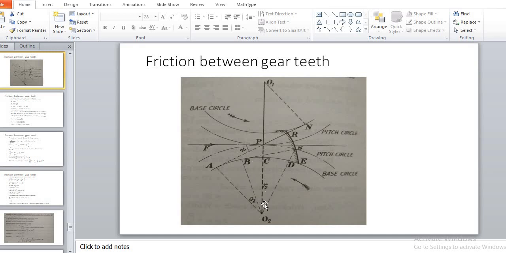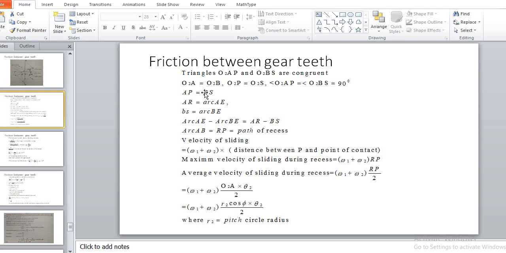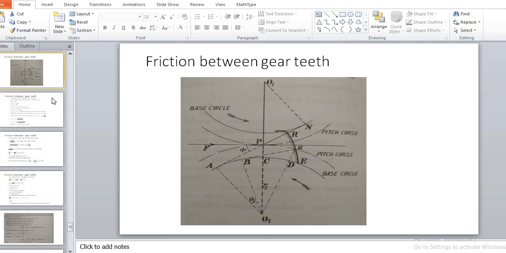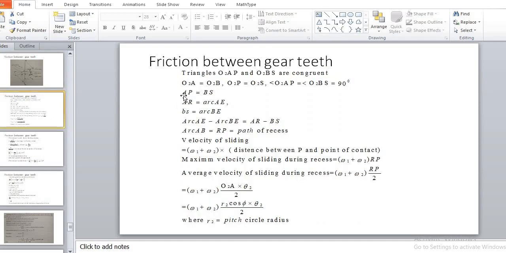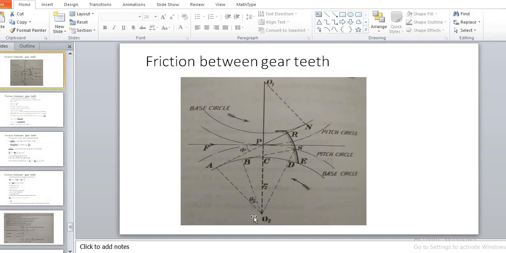These are similar triangles, and for the similar triangles we can write O2A is equal to O2B. From one triangle this is one side, O2A, and from the other triangle this is the side O2B.